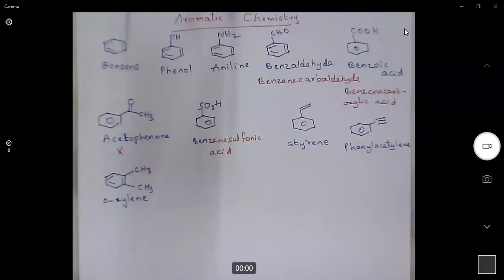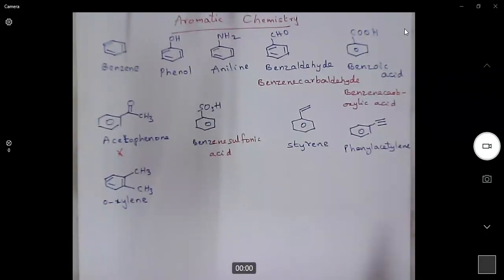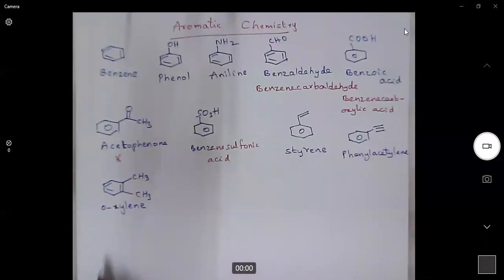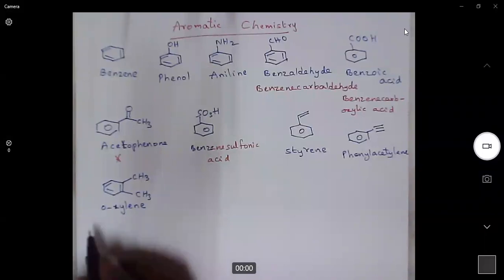Its common name is orthoxylene. Its IUPAC nomenclature is 1,2-dimethylbenzene.